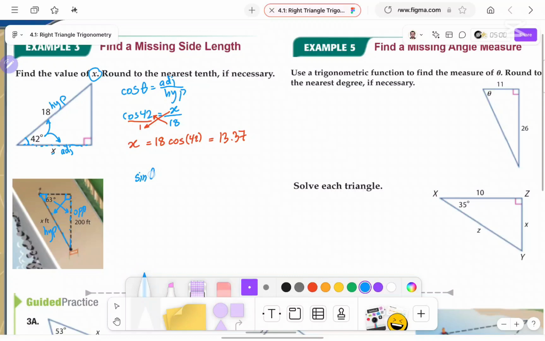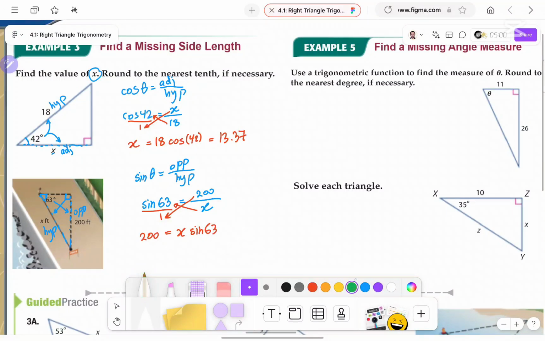It's sine. Sine theta is opposite over hypotenuse, which means sine 63 equals 200 over hypotenuse x. Now this one is over 1. We cross multiply: 200 times 1 is equal to 200, and x times sine 63.